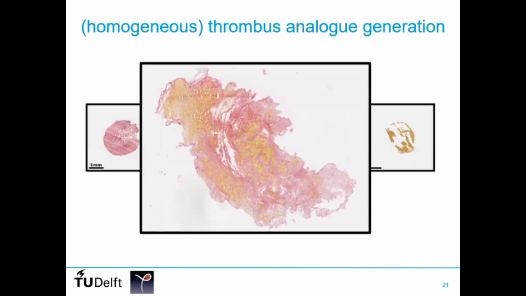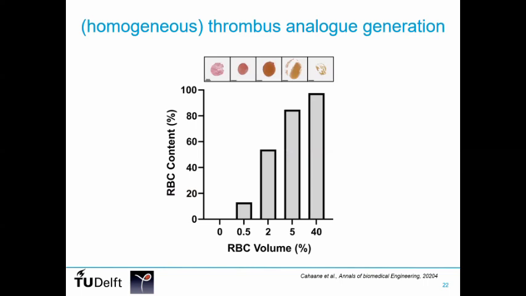So what happens if you make these thrombi? One of the surprises that we had concerns the process that happens during the formation of the network during the coagulation. On the horizontal axis is the amount of red blood cells that we start out with if we want to generate the thrombus, and on the vertical axis is the amount of red blood cells that we end up with in the thrombus in the end.